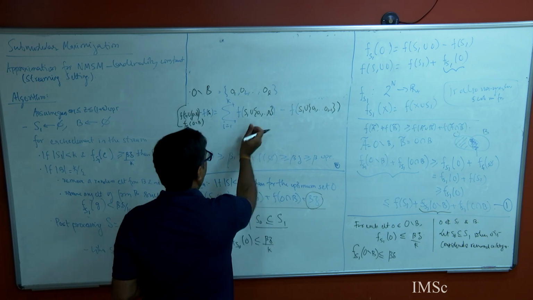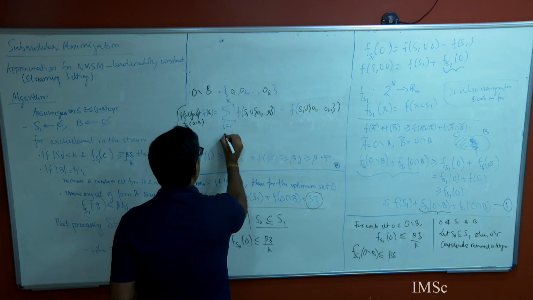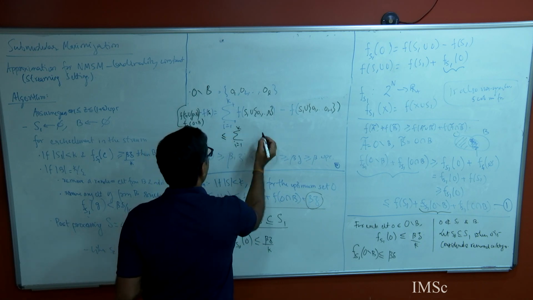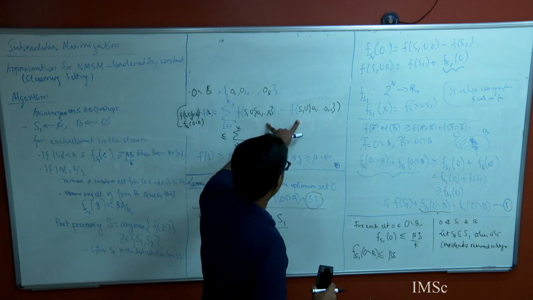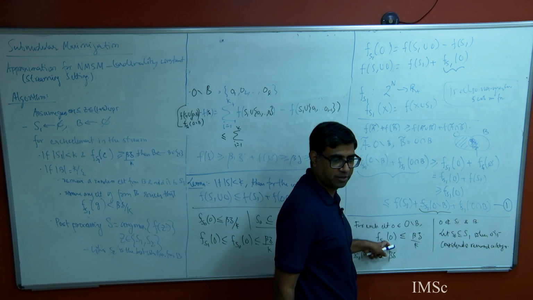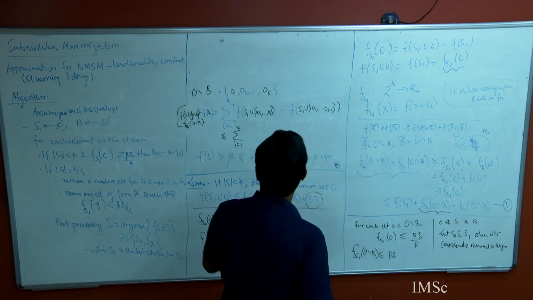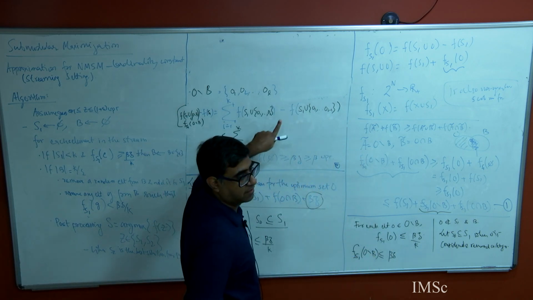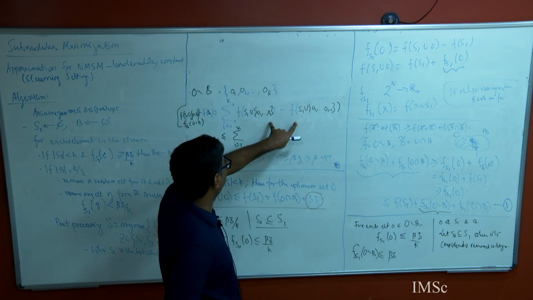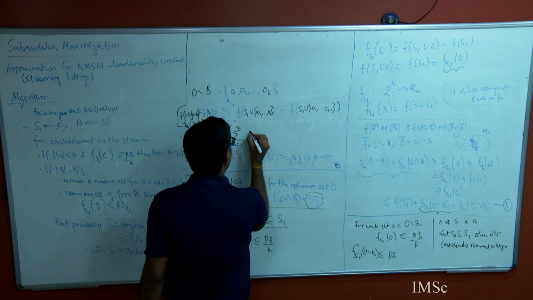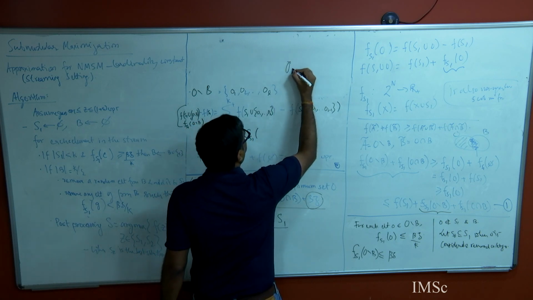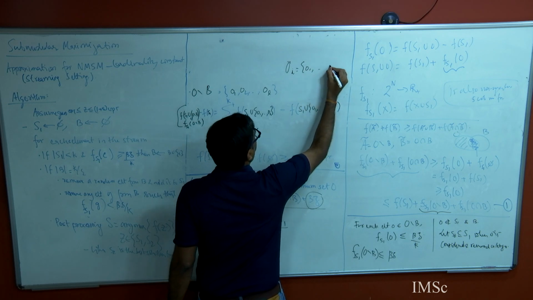One second. So this is less than or equal to the summation over i equal to 1 to k. Look, these are definitely contained inside a single element which they represent. So suppose Oi is contained inside there. What can I write this as? I can write this as f of S1 of O1 to Oi.